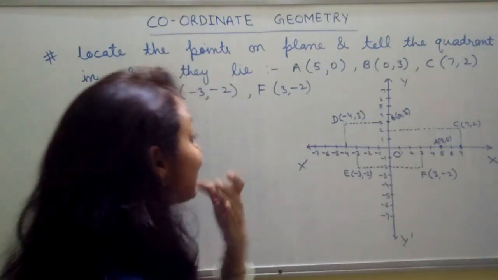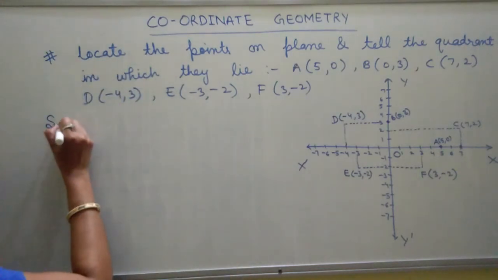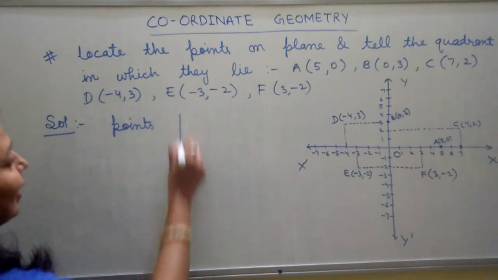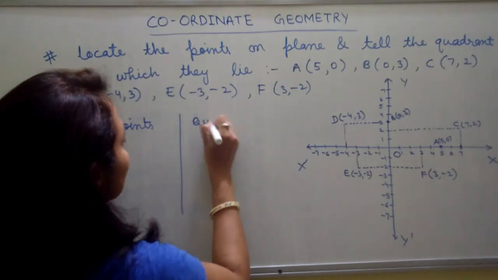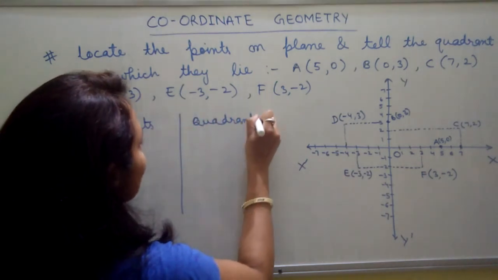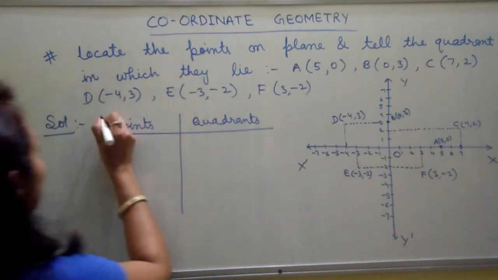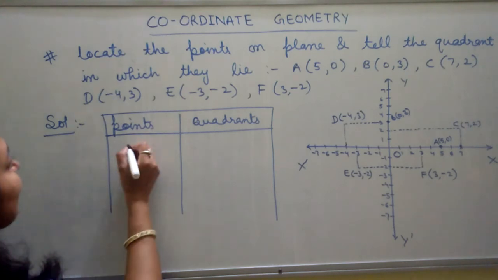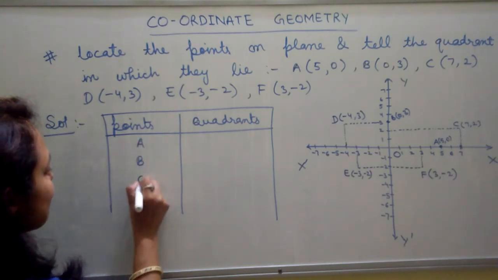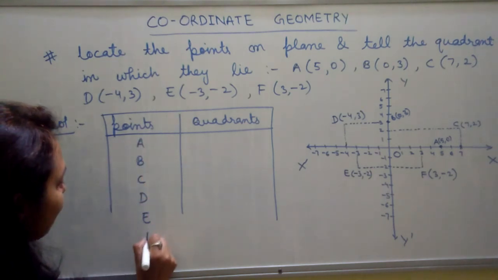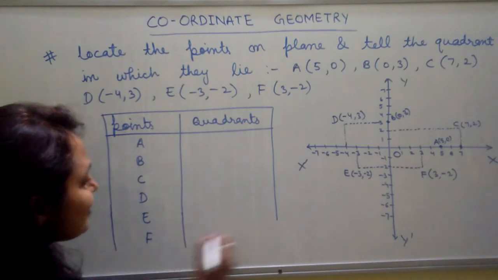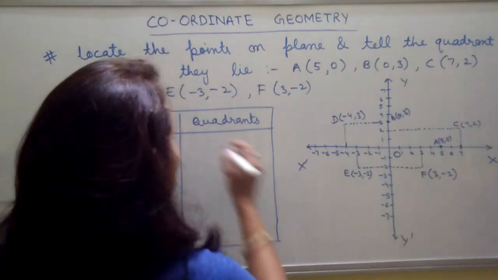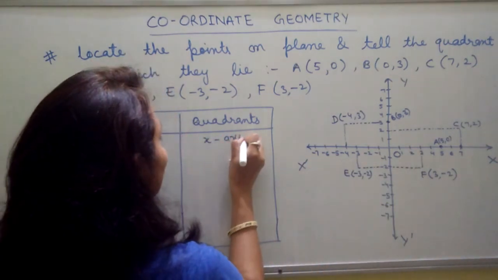Now come to the quadrants. I will make a table of points and quadrants: A, B, C, D, E and F. No need to write the points, the question has them. A lies on the x-axis.